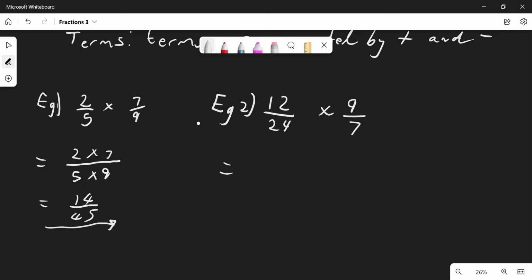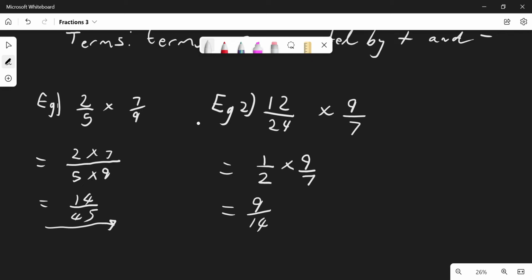You can do this with addition as well, but it stands out here because before you multiply across, you can realize that 12 can divide into itself once and it can divide into 24 twice. So we're going to have 1 over 2 times 9 over 7, which gives us 9 over 14.